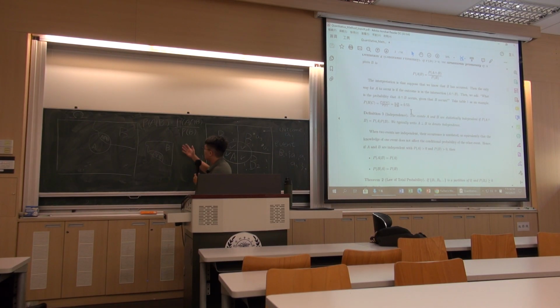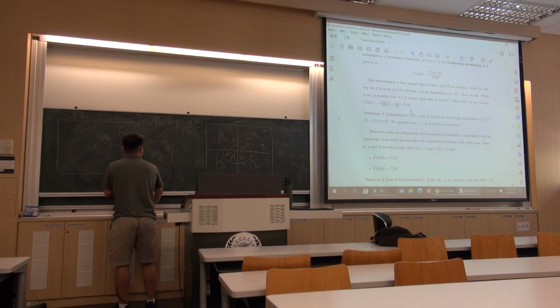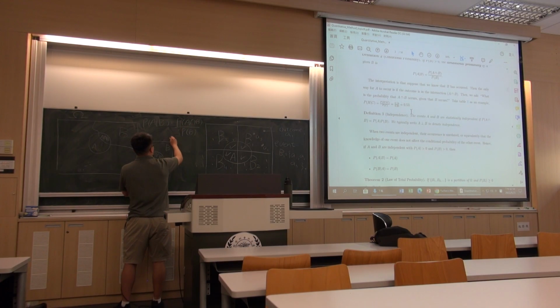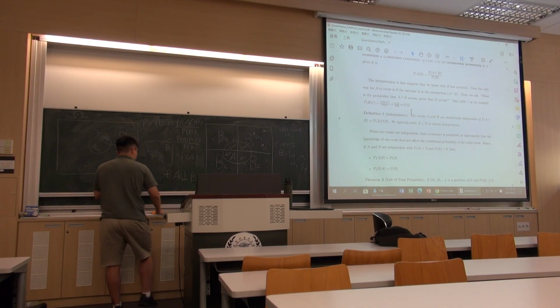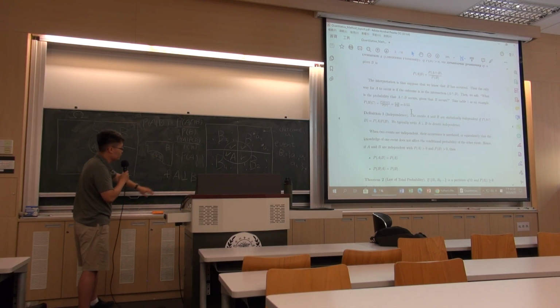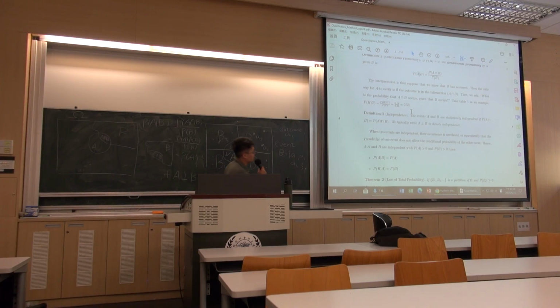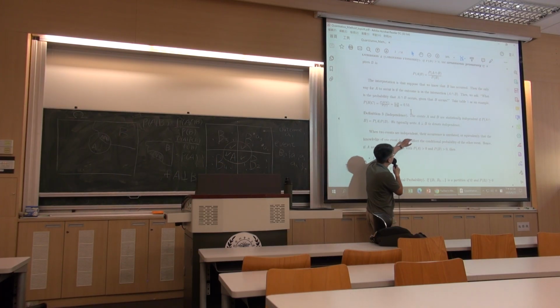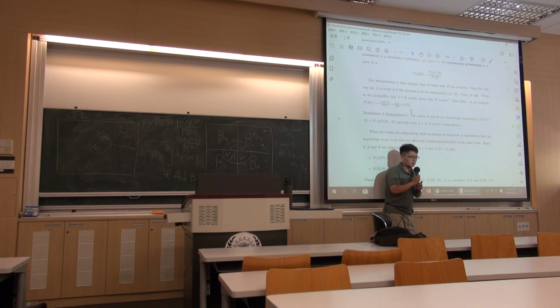And again, if we have that, then this will directly become the simpler form if these two are statistically independent. We use this symbol here to show these two events are independent.